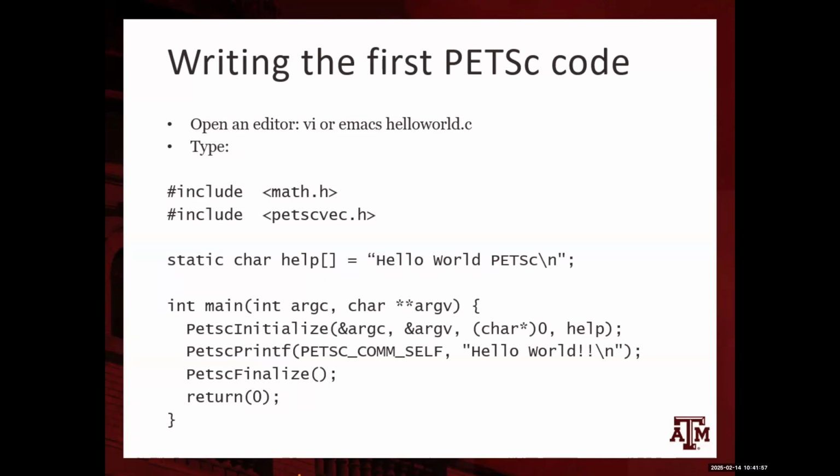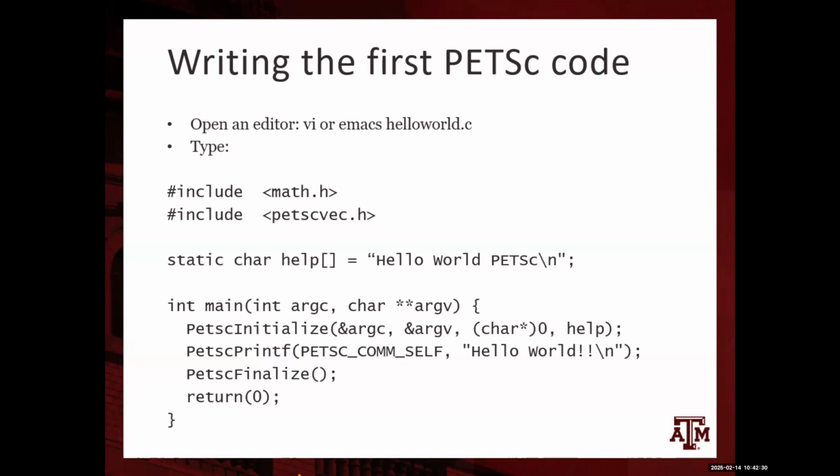So just a little bit about what you're doing here. These are the header files. We're saying that we're going to use the math library and the PETSc vec library. Then main is just typical C code. PetscInitialize is the first command that you should call whenever you want to start PETSc code.